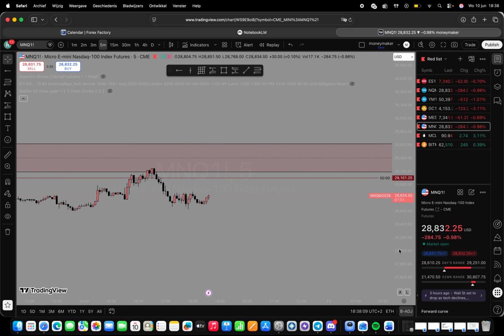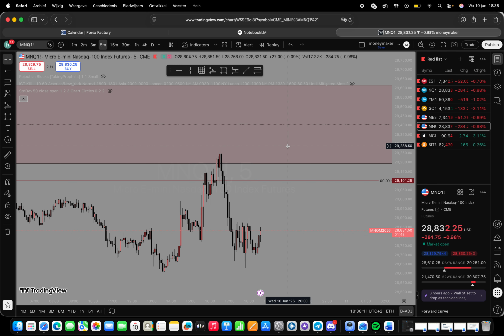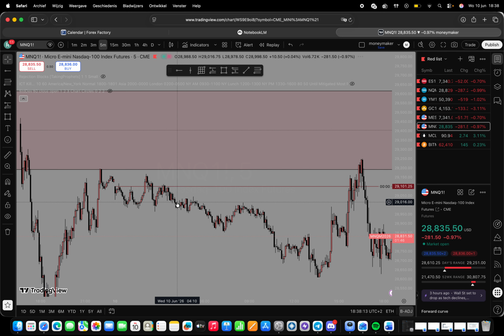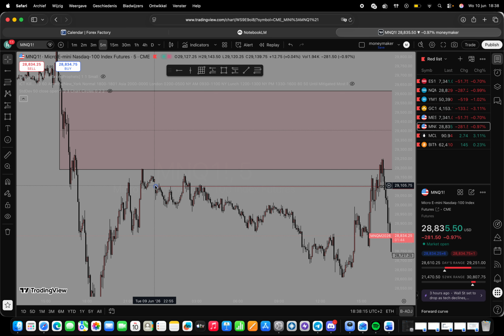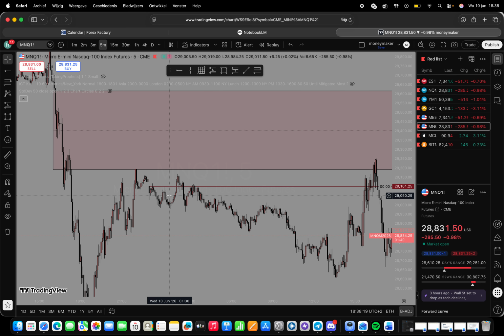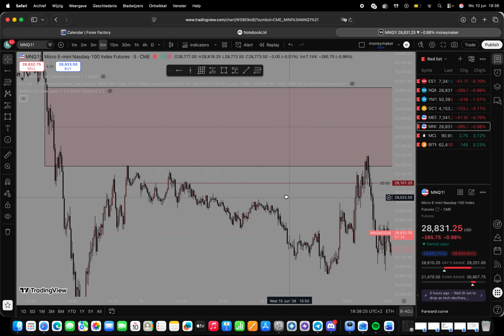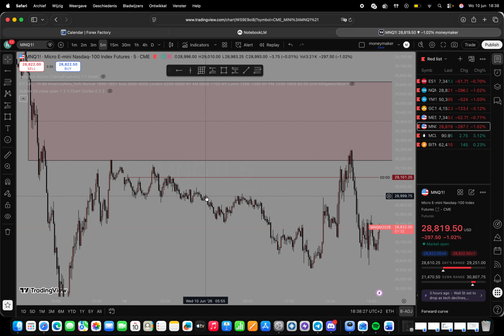So what I did is I basically looked throughout the day at what price did. So we marked out here our opening candle, and we saw price barely touched or did go above the 12 a.m. opening candle. So what can we imply out of that?